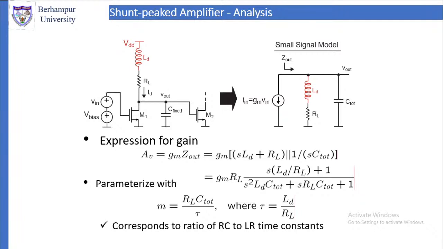RL C total is equivalent to a time constant, that is the time constant RC. Similarly LD by RL is equivalent to a time constant. That is why we are using tau. M is unitless, tau can be in seconds. So the RC and LD by RL time constants we are taking.